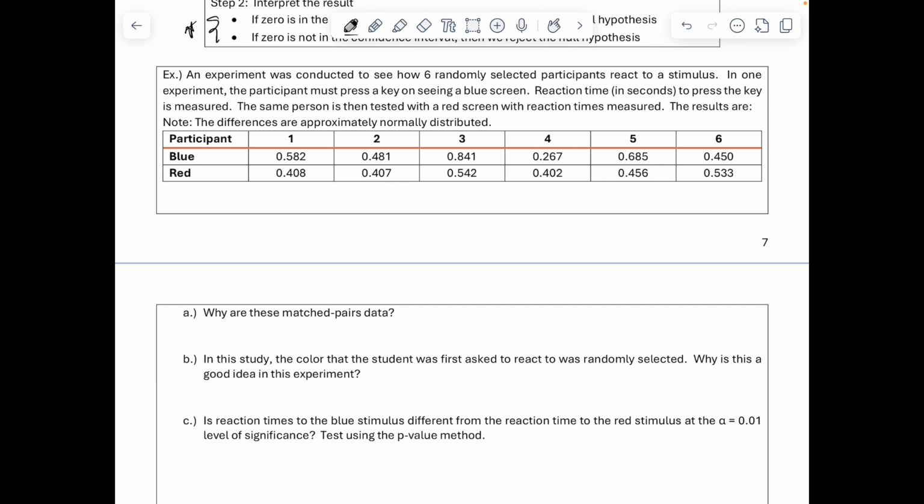But if you look at part A, it says, why are these considered matched pairs? We kind of said this already, but it's because you are matched up with yourself. And they're measuring those reaction times for both of those colors and seeing if there's any difference between those two.